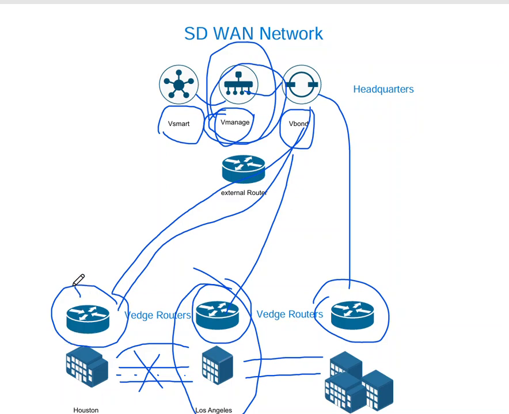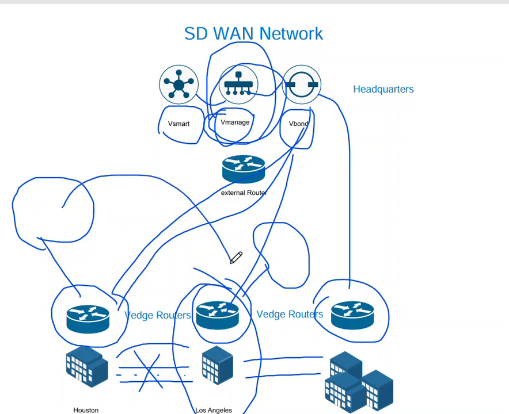Houston might be talking to the public internet, and so does LA. So there is no direct connection between Houston and LA. So the vManage will have to find a way to make these two sides communicate as needed.